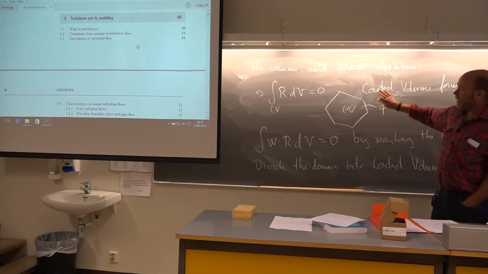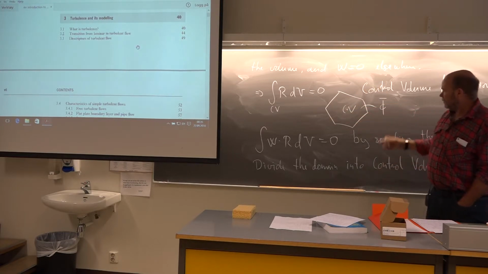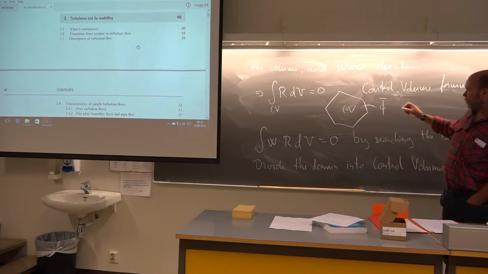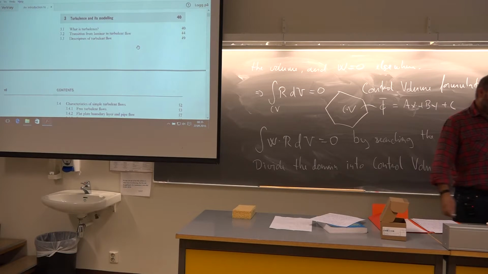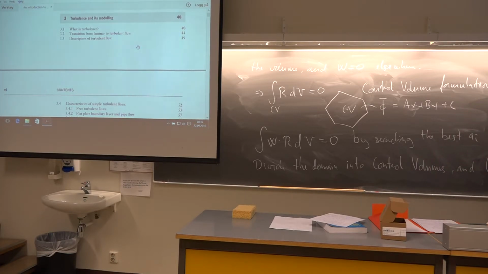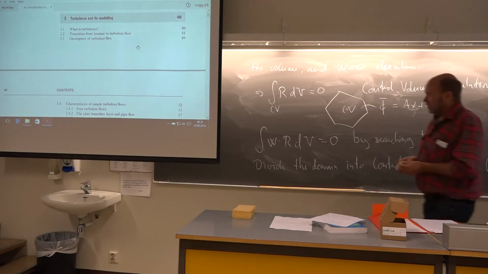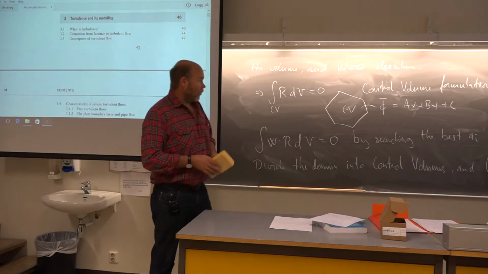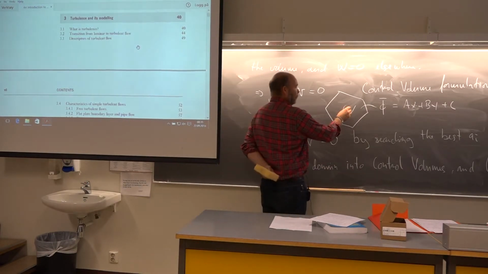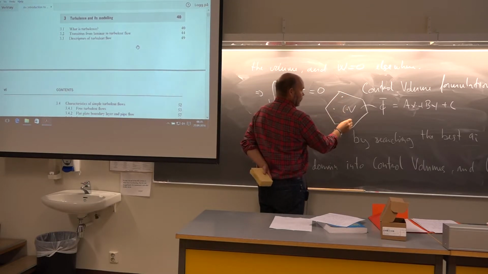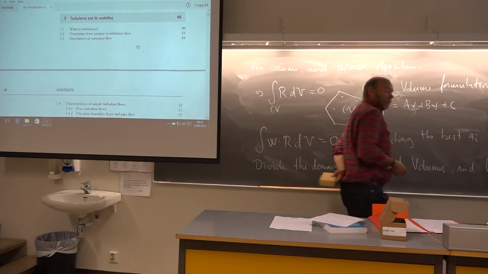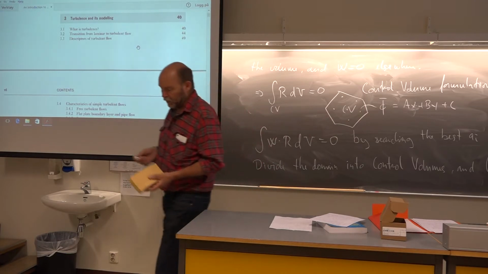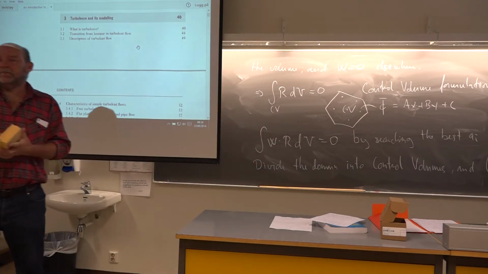Sometimes we will say it can have a linear variation inside here. So if this is in the xy plane, you can say it is ax plus by plus c, a linear function. It's still finite volume. If it is more complex, if you have not just one single point but many points inside here, and quite a complex function describing it inside one single volume, then you are talking finite element.